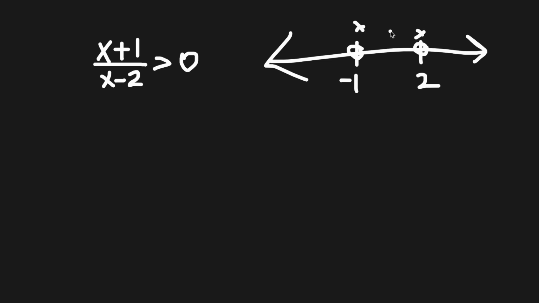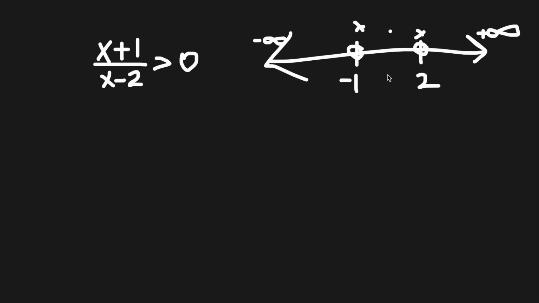So it can either be in between, to the left, going towards negative infinity, or towards positive infinity. That's what we're trying to solve here. So by basis, this x plus 1 over x minus 2 can be solved in multiple manners, and that's what we're going to be talking about today.